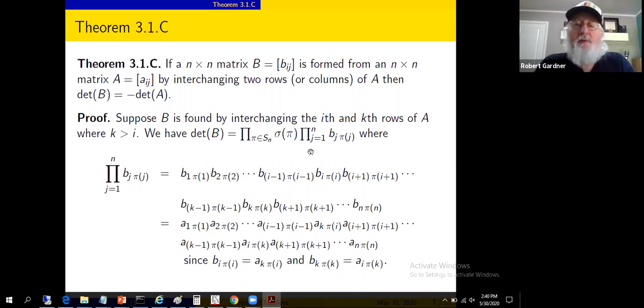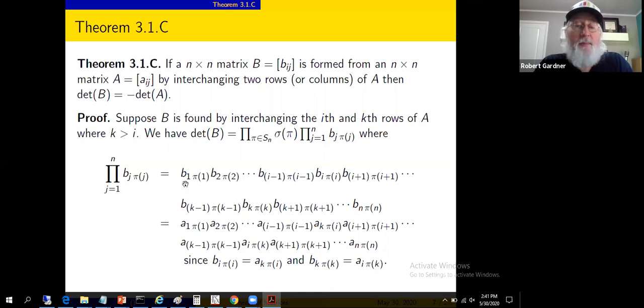All right, so if we write one of these products out, of which there are many, n factorial of them, some of them come with plus ones in front of them, and some of them come with minus ones in front of them, but we're looking at a particular product. So we'll write that out, and notice it reads B sub 1, B sub 2, B sub I minus 1, B sub I plus 1, dot dot dot, B sub K minus 1, B sub K plus 1, dot dot dot, B sub n.